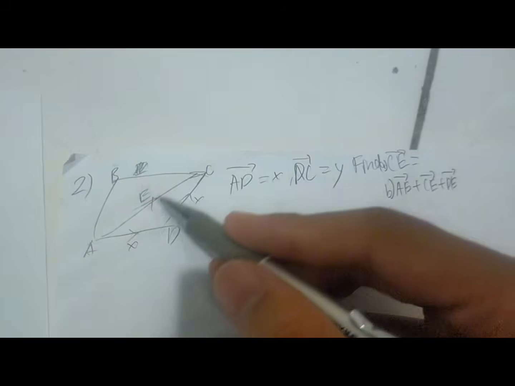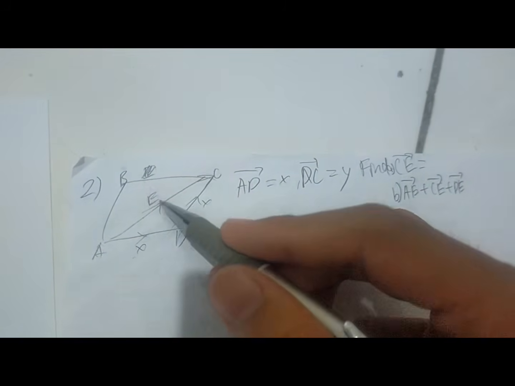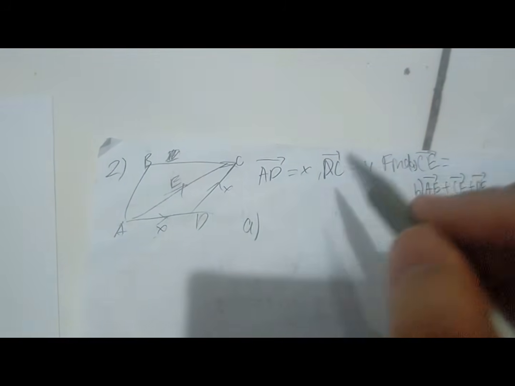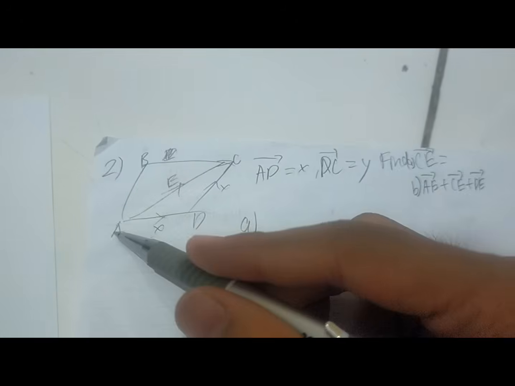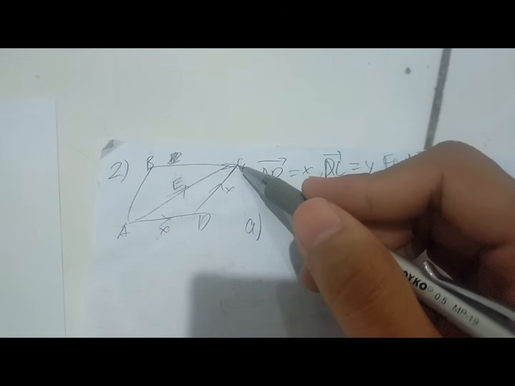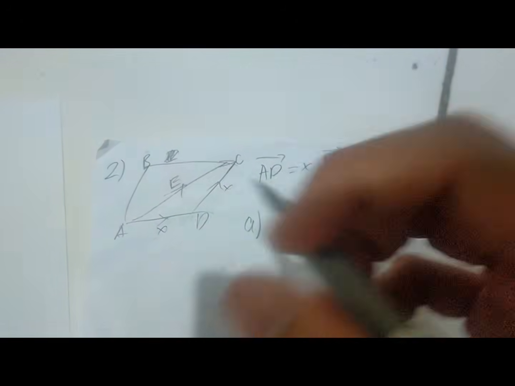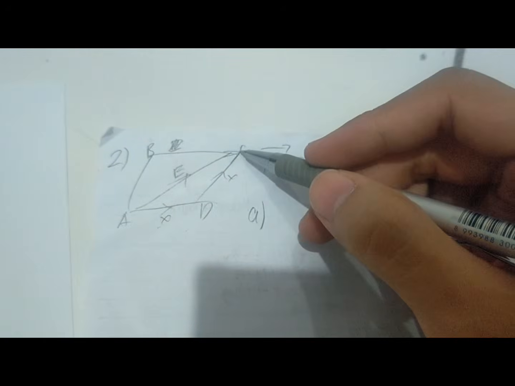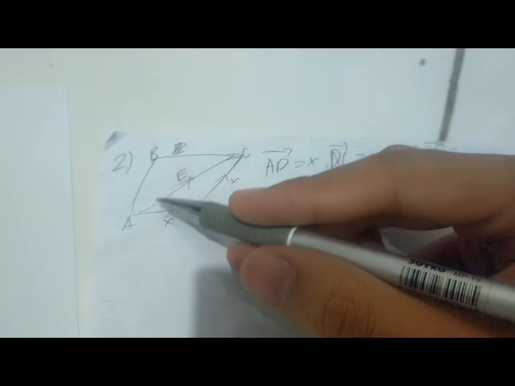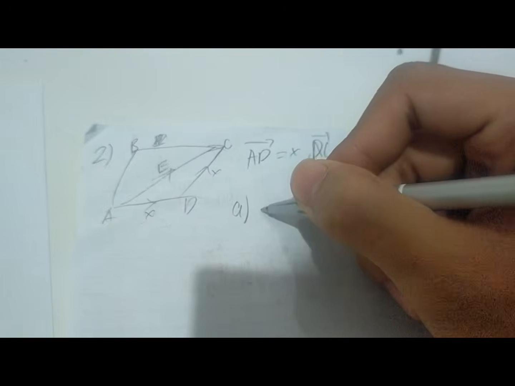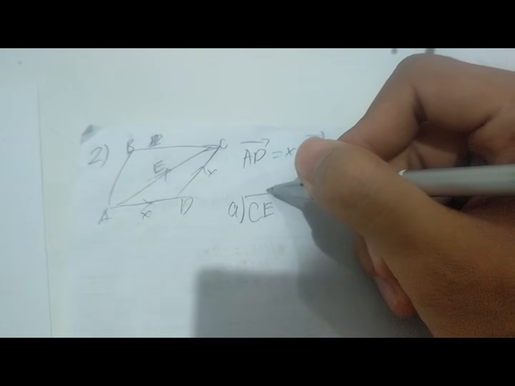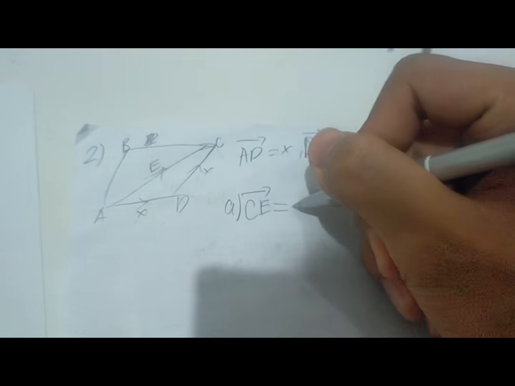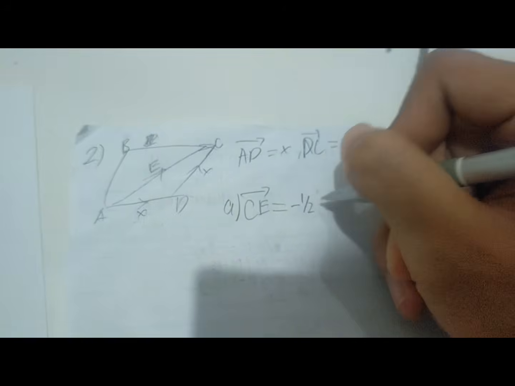If this becomes one number, CE equals, up is positive. If from C to E it goes down, it becomes negative. And CE is half of CA. CE vector equals minus half.